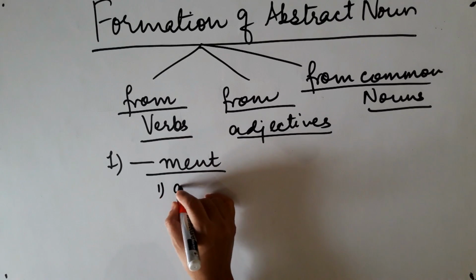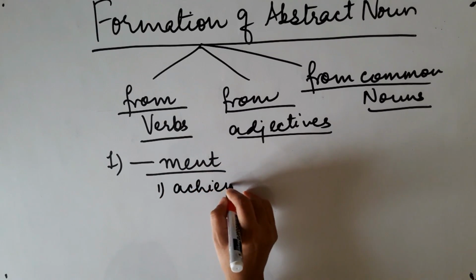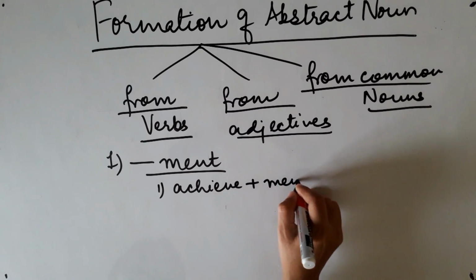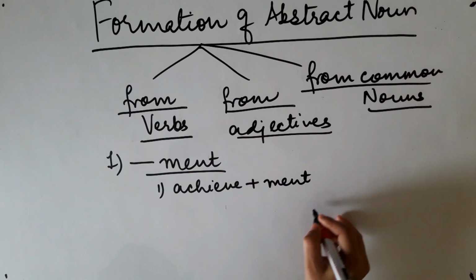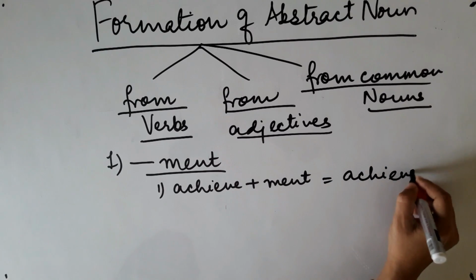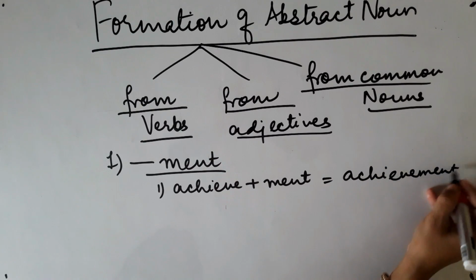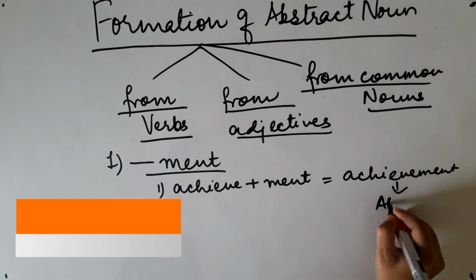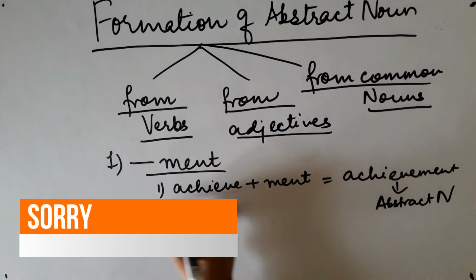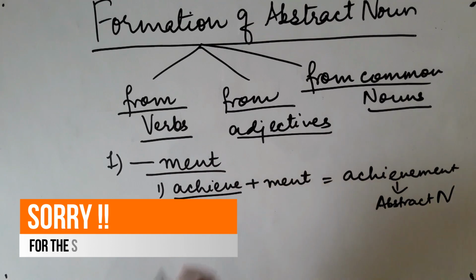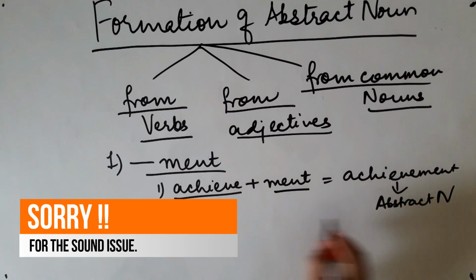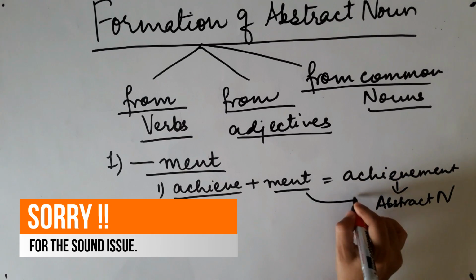If we take achieve and we just add to this ment, it becomes achievement. Now this achievement is an abstract noun. This achieve was verb. So just by adding this ment, we change it into abstract noun.